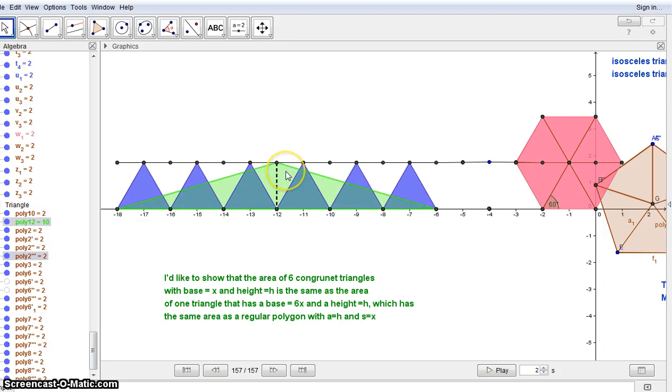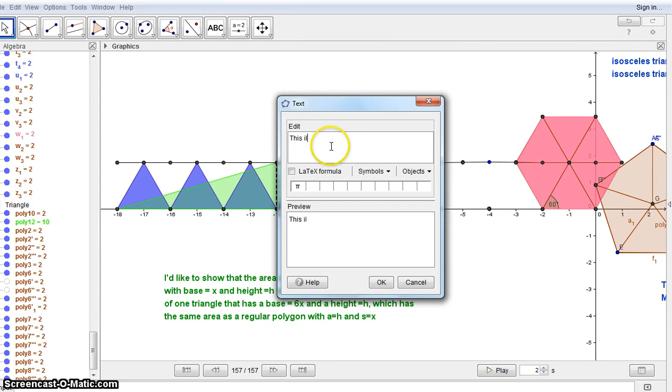So the area of the green triangle that has base 6 times the base of the smaller triangles, but the same height, has the same area as 6 triangles that have a base of x with the same height, which has the same area as the regular polygon that has the same height and a side length equal to x. So here's an illustration of 1/2 AP and the relationship between the triangles.